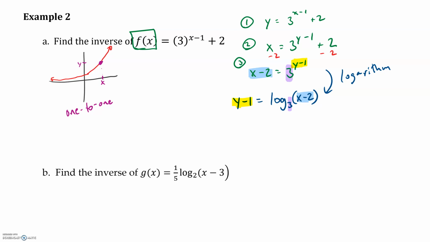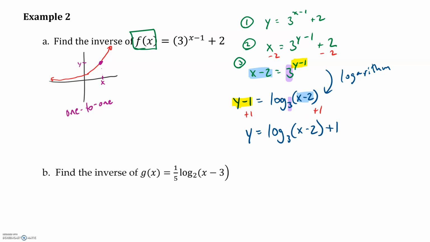So we've converted from an exponential expression to a logarithmic expression. And the rest of my problem is pretty simple. I just need to add 1 to get y by itself. So that 1 is going to be on the outside of the logarithm. We end up with y equals log base 3. X minus 2 is inside. That's what the logarithm is being applied to.